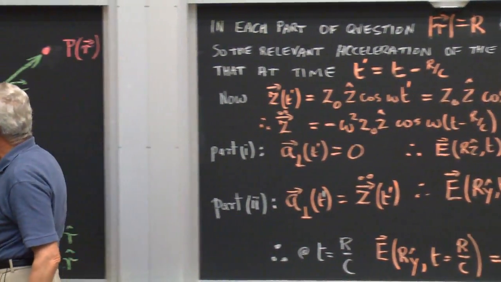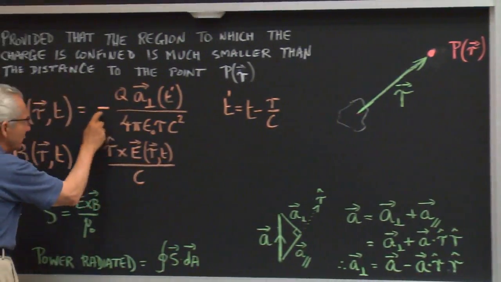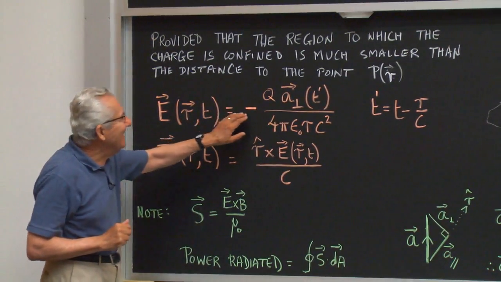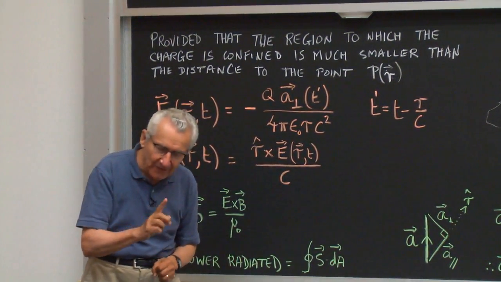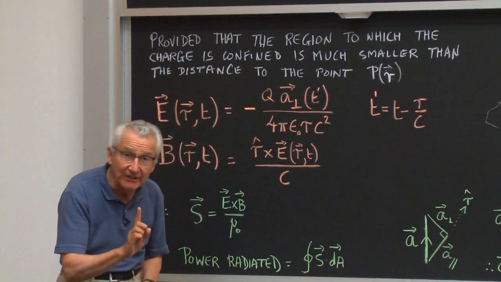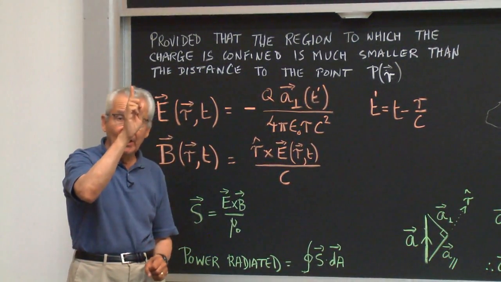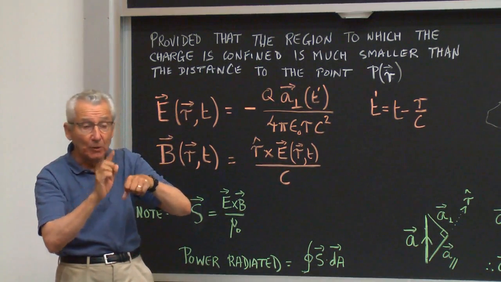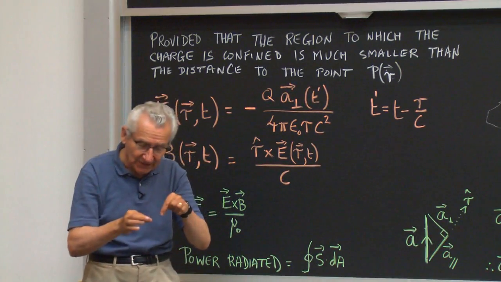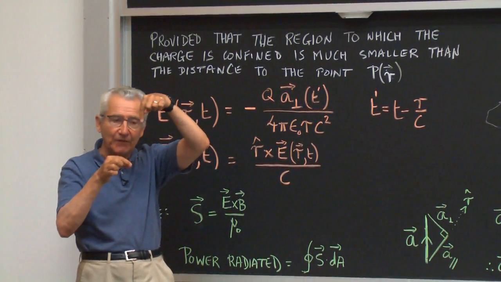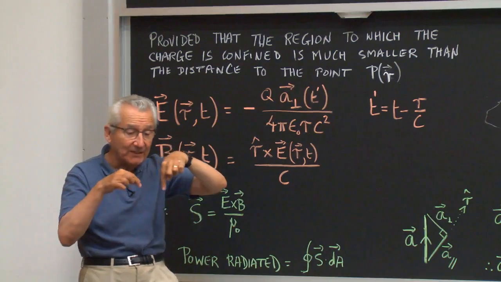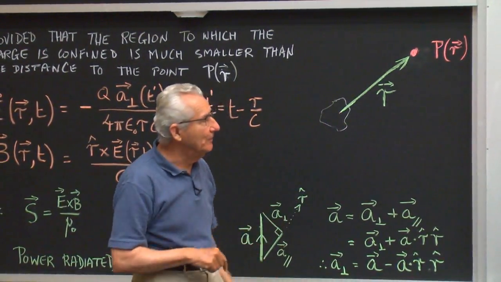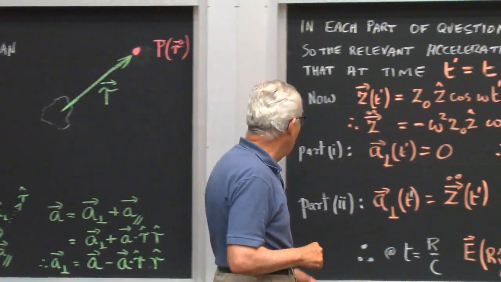I come back to this formula. This minus sign is very important. What it's saying is that at the instant when the charge is accelerating in that direction, the electric field it produces is in the opposite direction. So at the instant this accelerates, it produces an electric field which goes in this direction, and that field propagates like that. And the magnetic field is perpendicular to it.